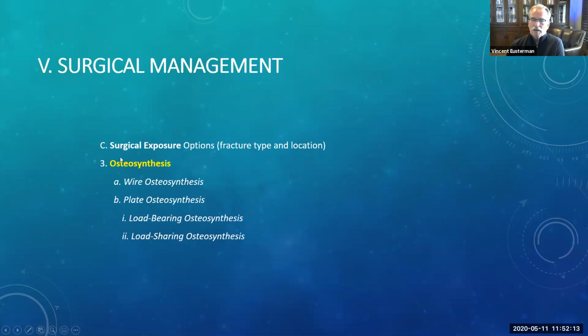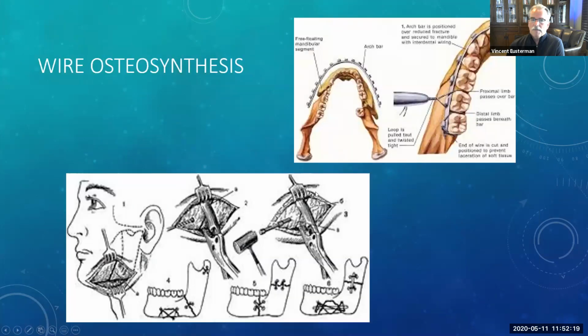Okay, so we did talk a little bit about wires and a little bit about plates and the load bearing and load sharing. The wire osteosynthesis is still, I think, a good option. And I think that as residents, it's a good idea to hang on to some of these techniques. And these are figure of 8 wires. It's a little older. There are a lot of places in the world that still use wire.